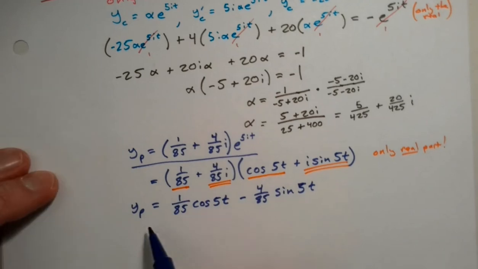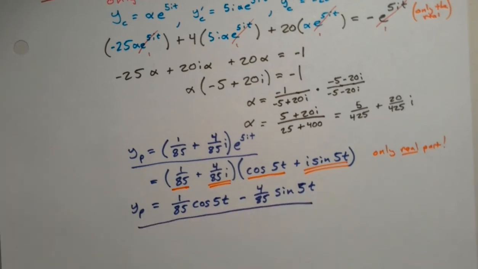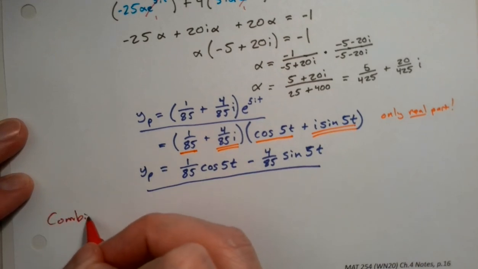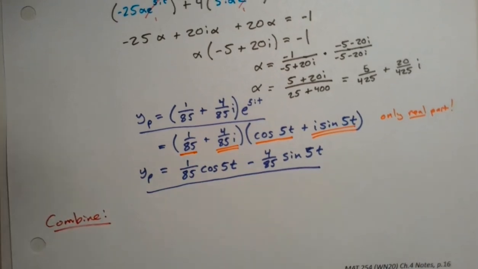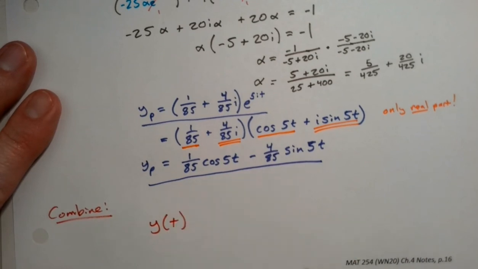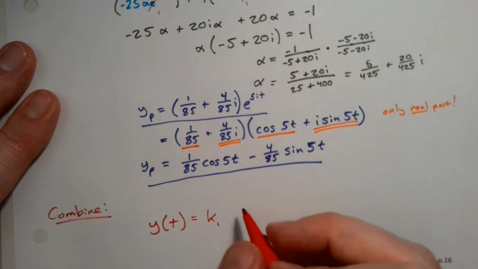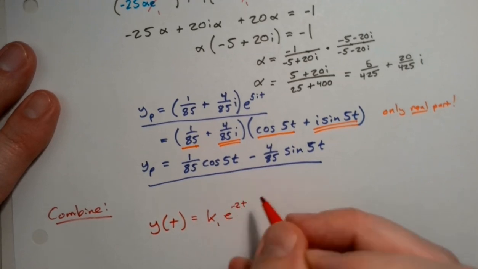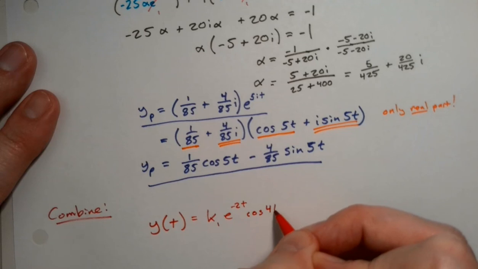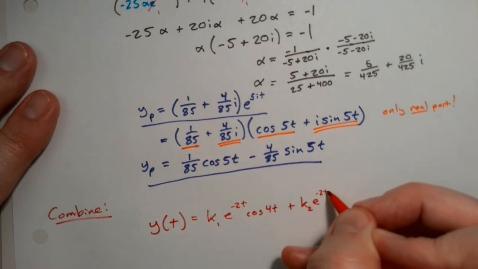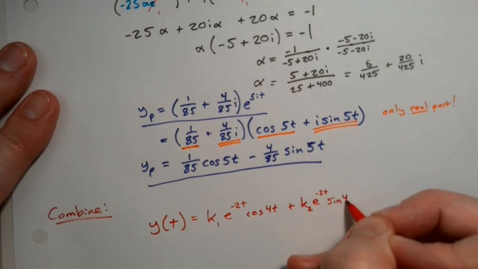Now again, that's the particular solution, but it's not the end of the problem, because the last step in all this, of course, is to combine the homogeneous with that particular. And so I can say my y of t is what I get when I combine the two, which is going to be k1 times e to the minus 2t times cosine of 4t plus k2 e to the minus 2t times sine of 4t.